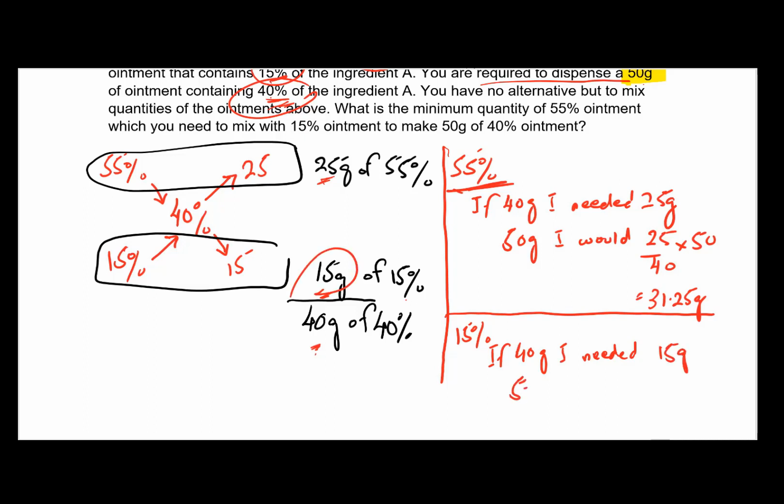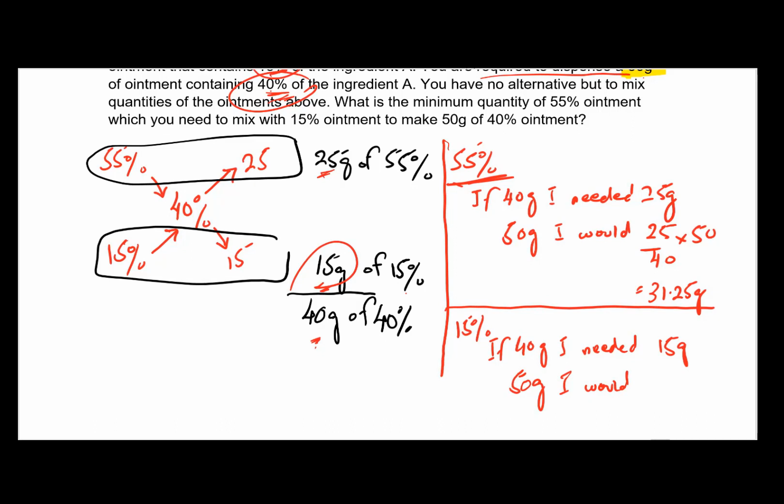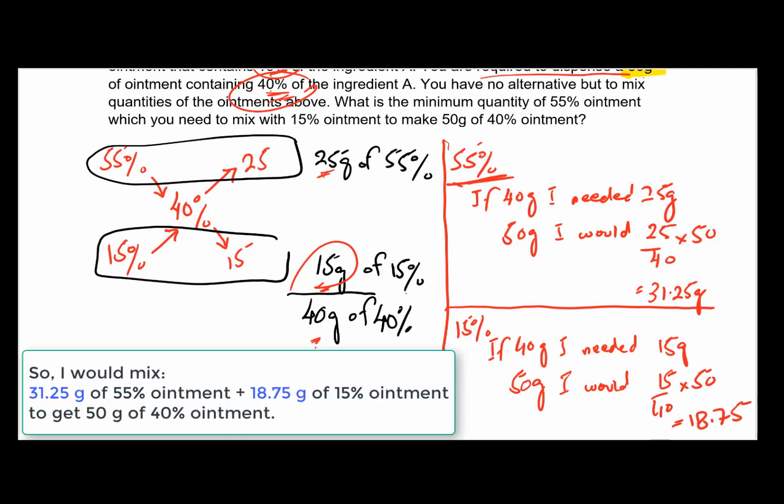So for 50 grams, I would need... Okay, that's alligation method done.